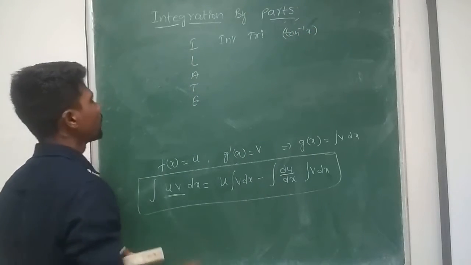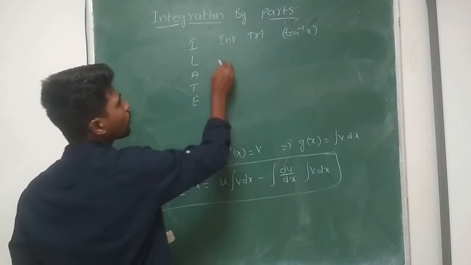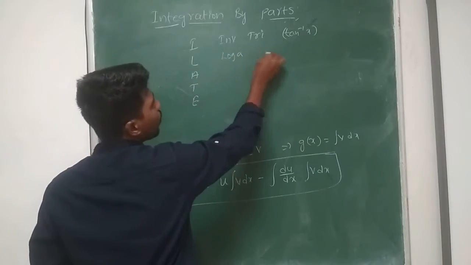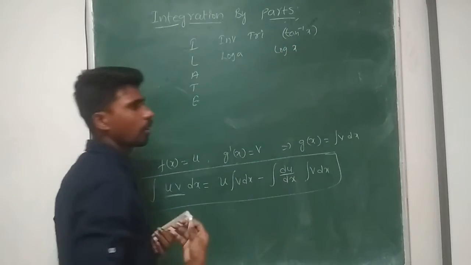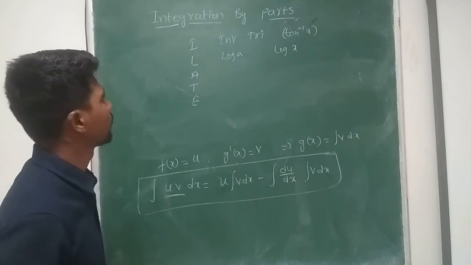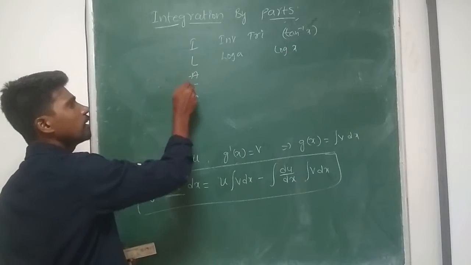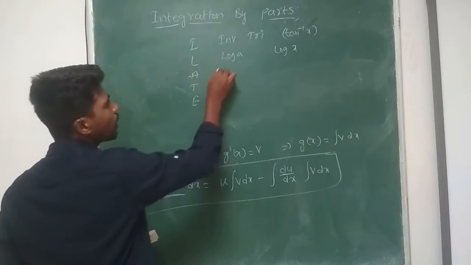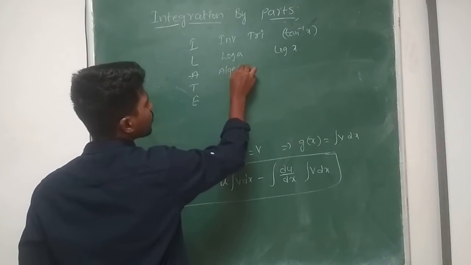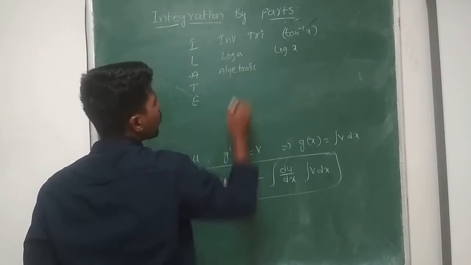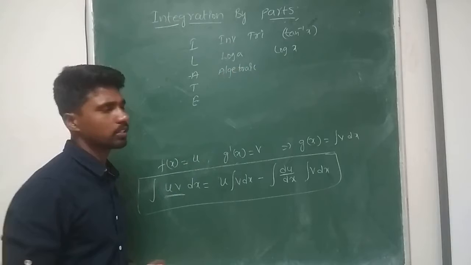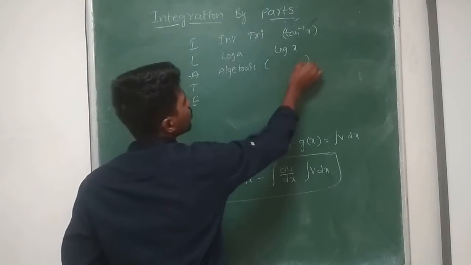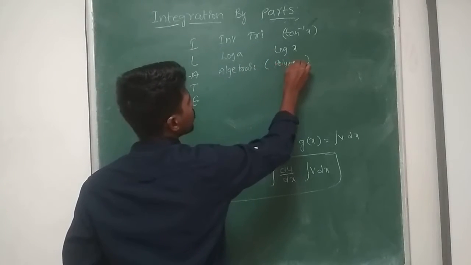The second one is logarithmic functions, which are log x, log 2x, log nx, log 5x, such kind of things. And the third one is given to algebraic functions. What are algebraic? Polynomial functions or numbers, constants, whatever we have, which are nothing but polynomials.